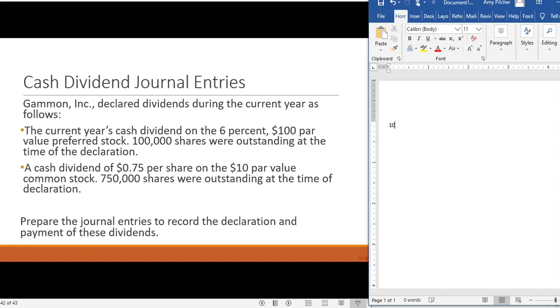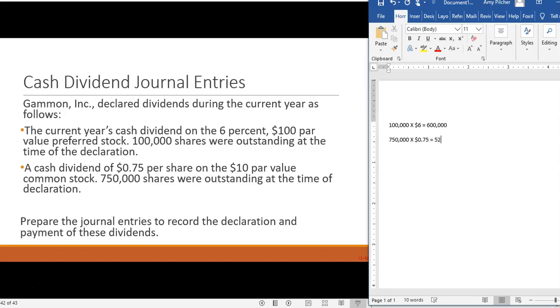So we have 100,000 shares of preferred stock. Our 6% of $100 is $6. So we have to pay $600,000 to our preferred stockholders. For our common stock, we have 750,000 shares times a cash dividend declared of 75 cents per share.